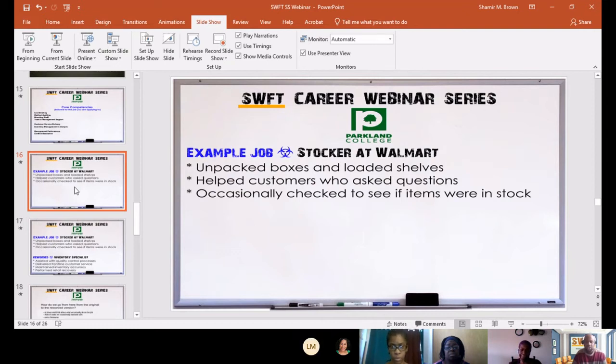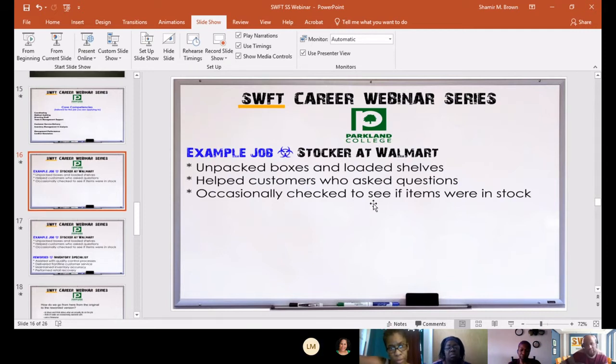If they become attached to the title itself, they may begin to feel as if they don't do certain things or don't have certain skills from performing the job that they actually do have. So if you were to ask that person, what is it that you did as a stocker at Walmart, they might give you responses similar to, I unpack boxes and load shelves.